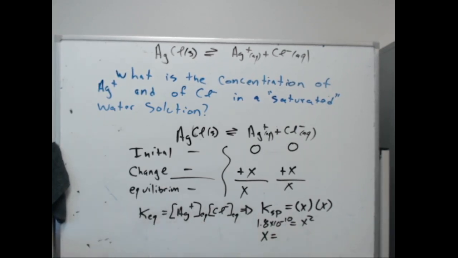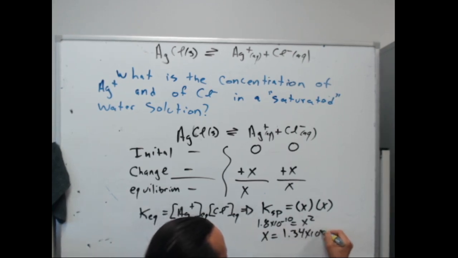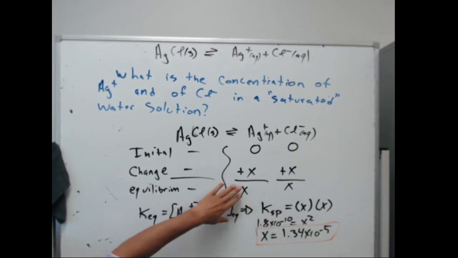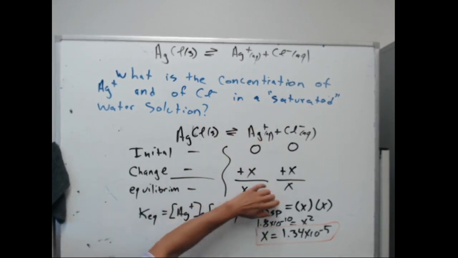I've got the answer to this someplace already. 1.34 times 10 to the minus 5. This value, 1.34 times 10 to the minus 5, is the concentration of silver ions at the point of saturation. That is the concentration of chloride ions at saturation in water.